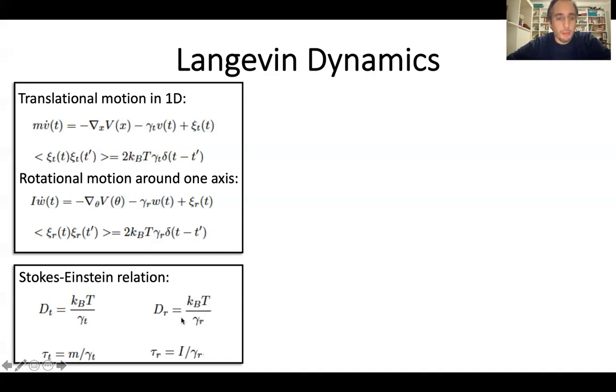As you can see, the damping parameters are different. LAMMPS uses the damping time, which is the mass over the damping parameter, or in the case of rotation, the damping time is the inertia over the damping parameter. But LAMMPS does not take into account the rotational damping time, it just uses the translational damping time, and then has a scaling factor for the rotational damping time, which will depend also on the shape of the particle.